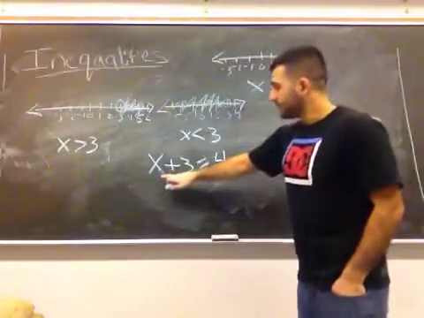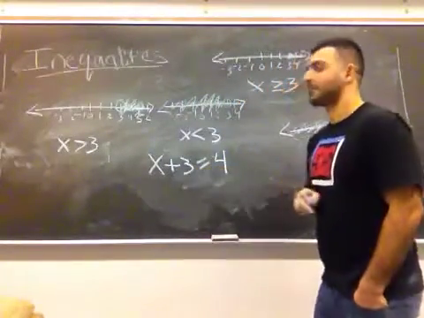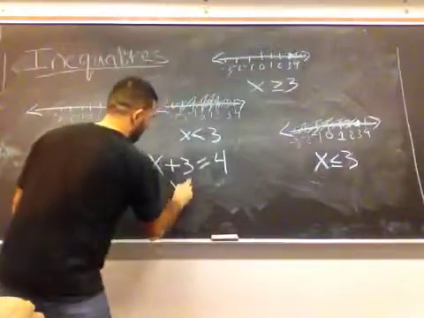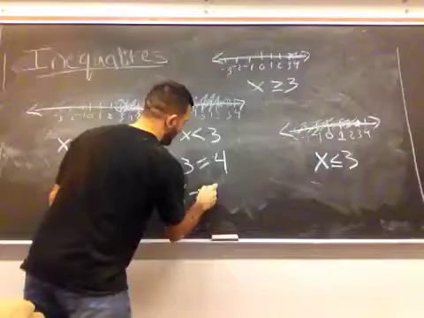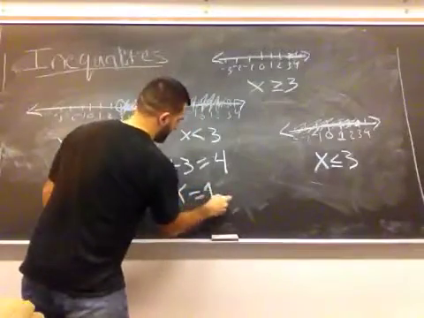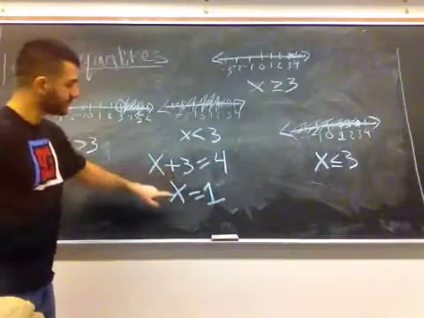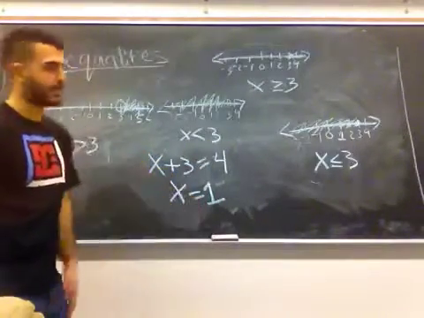In algebra you might have something like x plus 3 equals 4, and once you do the algebra, you see that the value which makes this true is x equals 1.